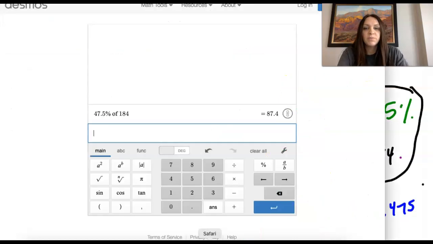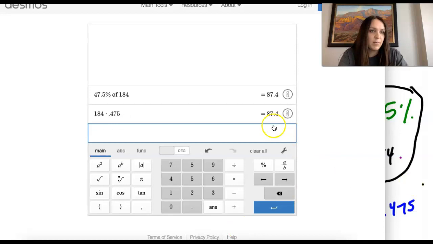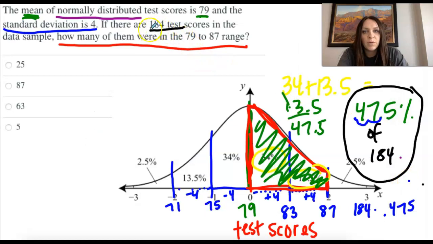That works too, you're going to get the same answer. So 87.4. We're talking about people that took a test, so I'm going to round down to 87.